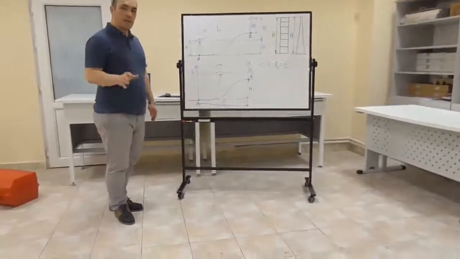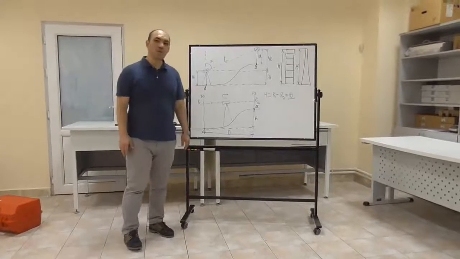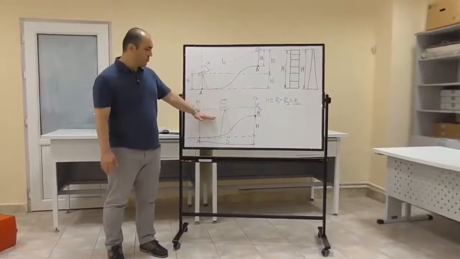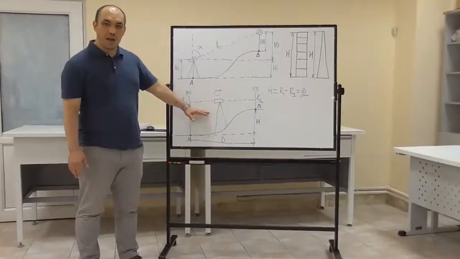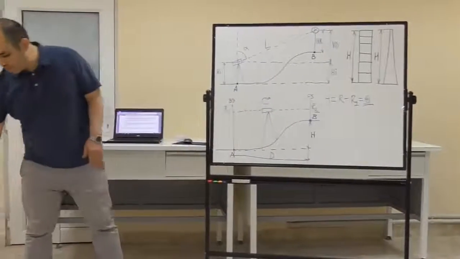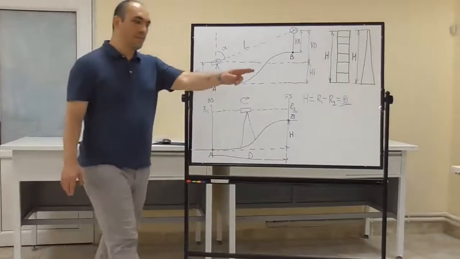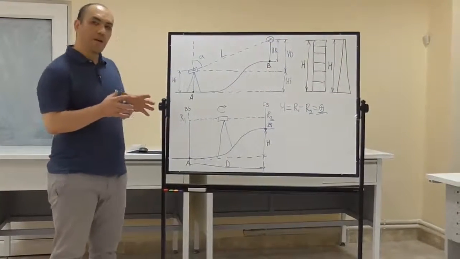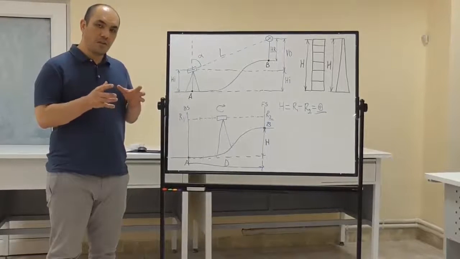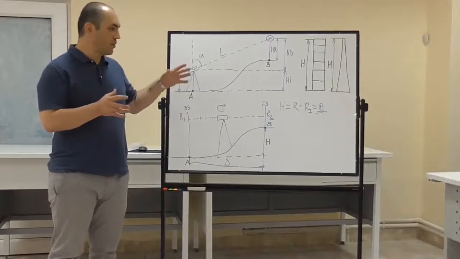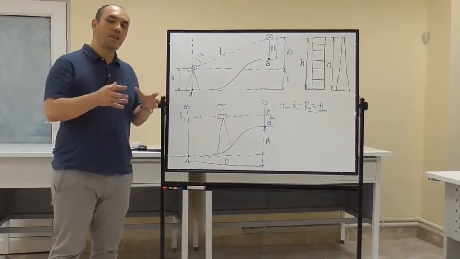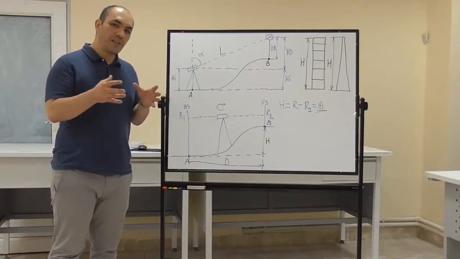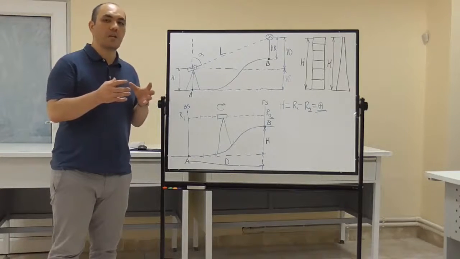Today's experiments, we use trigonometric leveling and simple leveling methods to identify the relative height between point A and B, and after that we compare the results, compare both relative heights, and we will see at the end of the experiment how close these relative heights are to each other.